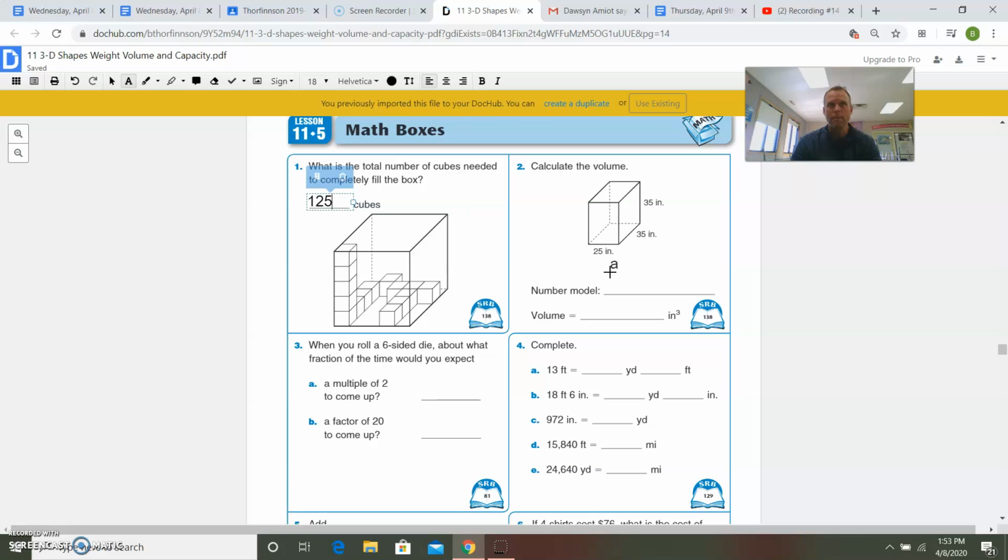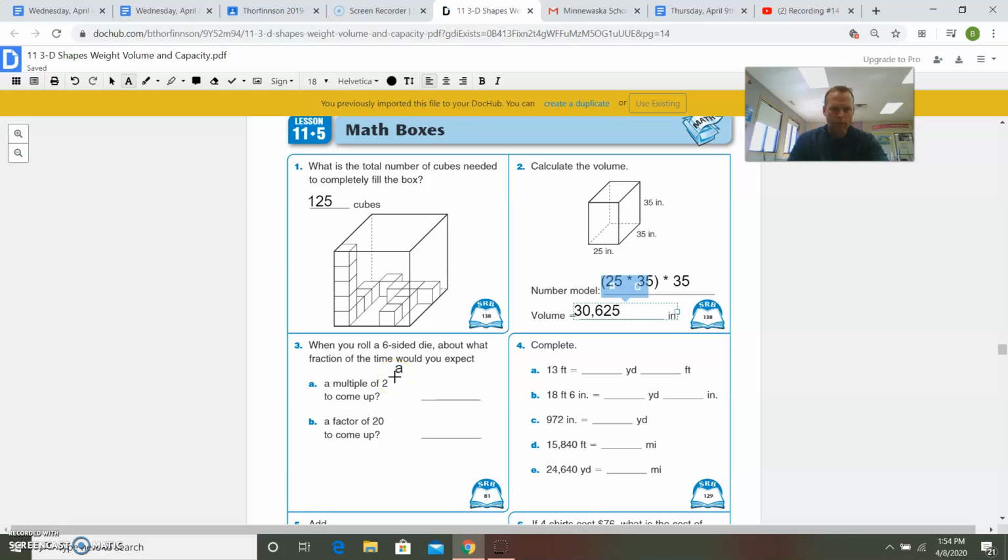So your number model would be 25 times 35, and then you would in turn multiply that by the height, which was also 35, and your answer is 30,625. You needed a calculator for that one. That was a tough one.